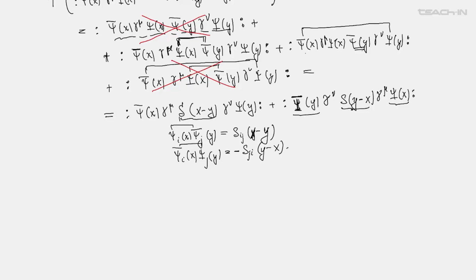What is left over is a double integration over dx and dy. Then you have also the electromagnetic field, which I am of course not forgetting: A mu on x, A nu on y.